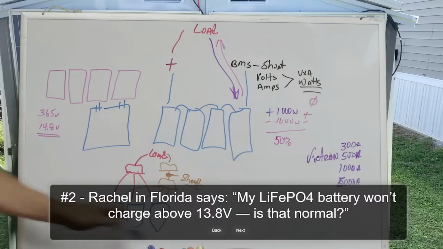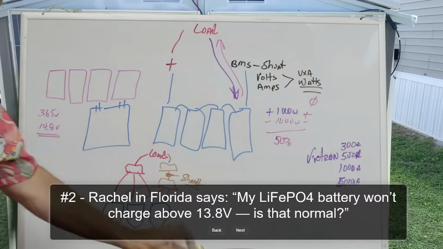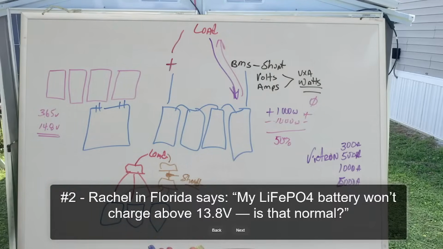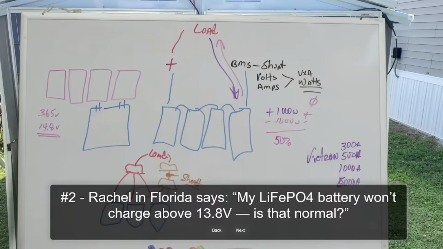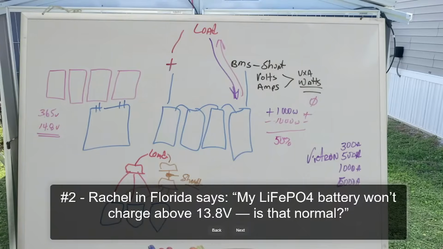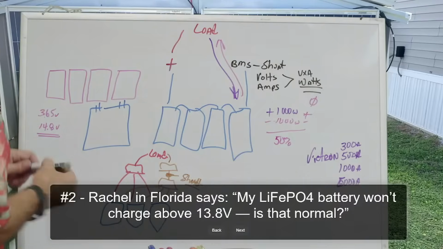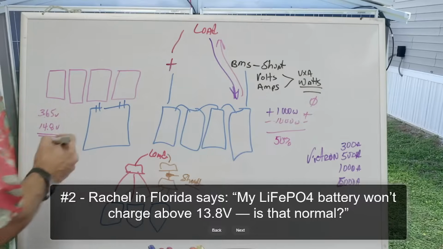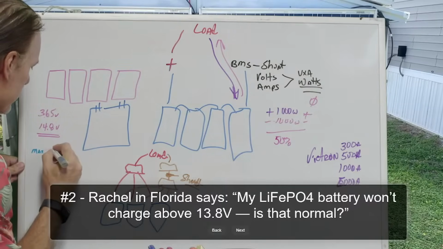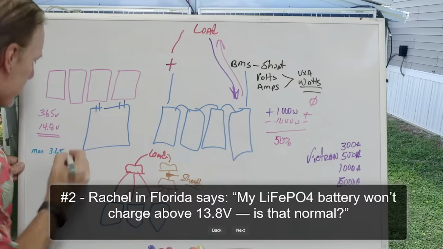Now, keep in mind, my idea of perfectly balanced basically means that each cell can fully charge without setting off the BMS safety configurations, because you've got to remember every BMS will have an ability to say the max protection voltage is 3.65, let's say.